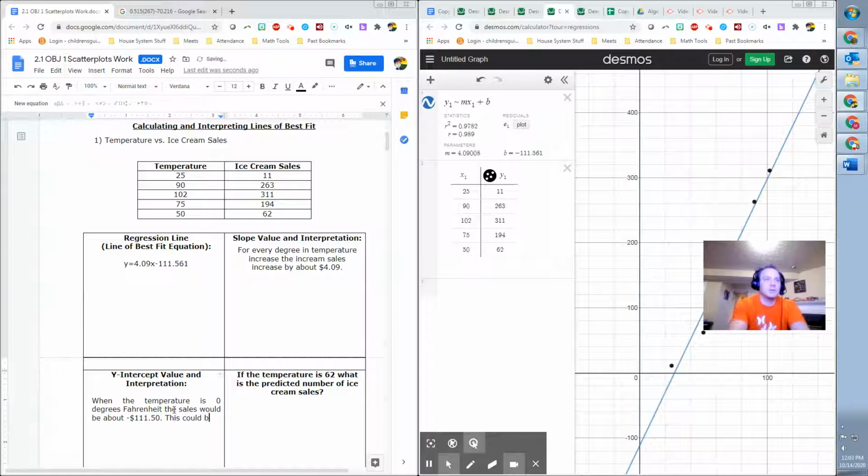This could mean that you would lose $111.50 on a day where the temperature was 0. That's what that would mean. So that could have a more realistic interpretation than the weight and tackles there.